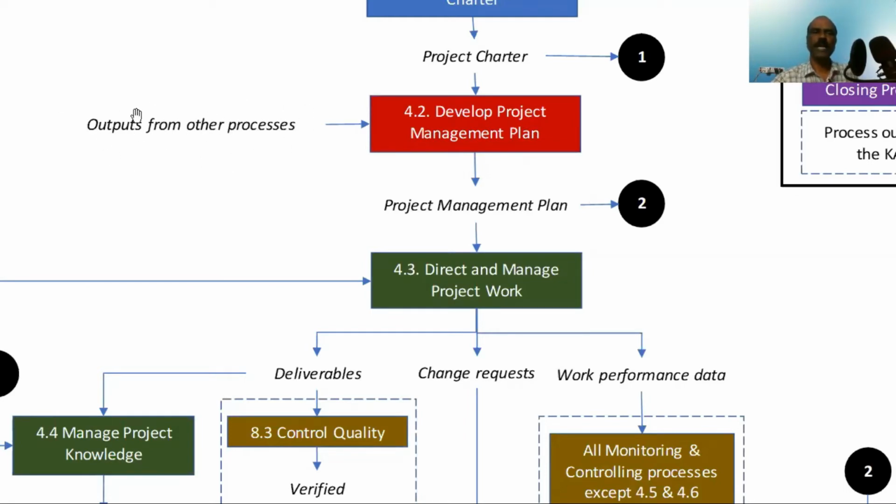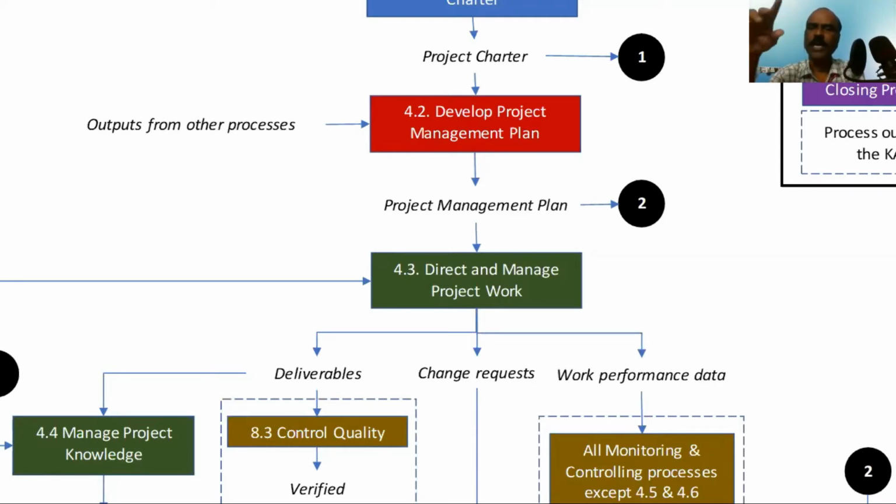So what do we mean by this statement? It means your subsidiary plans like scope management plan, cost management plan, quality management plan, and then the baseline, scope baseline, cost baseline, schedule baseline. All these come as an input to this process. They are output from other processes, but they are input to project management plan.